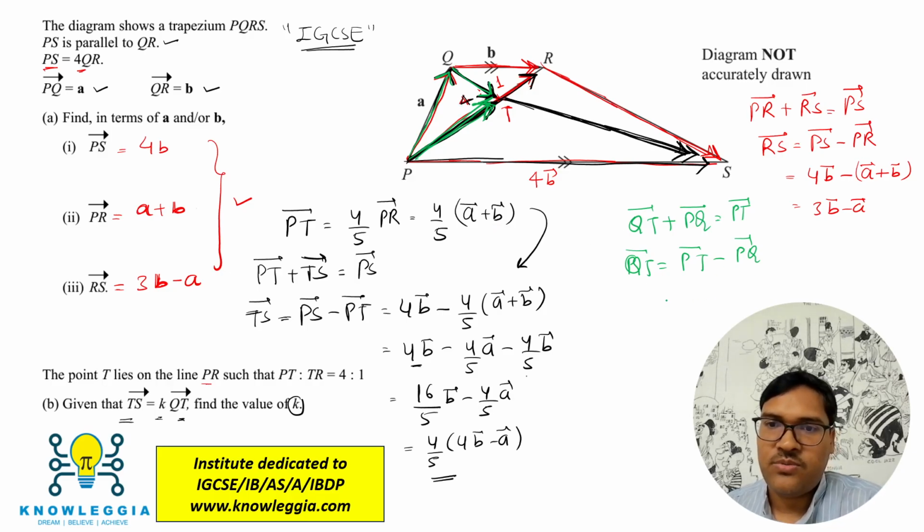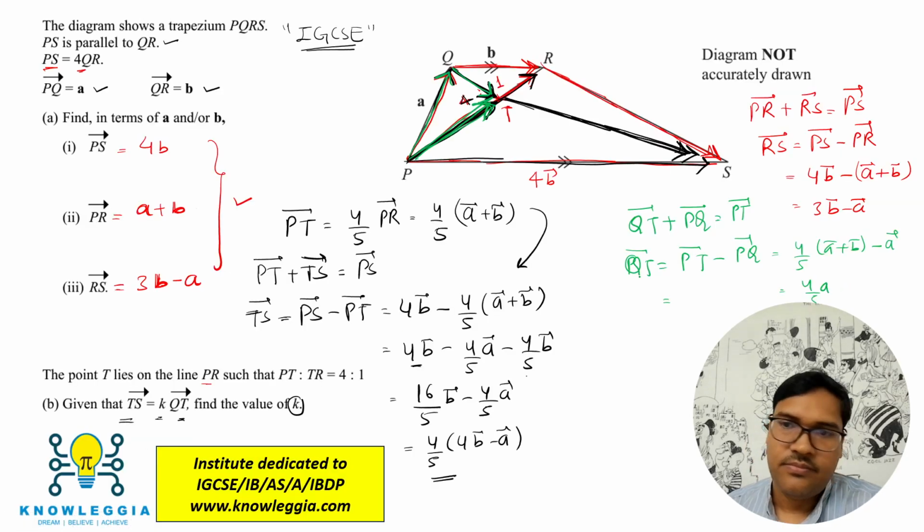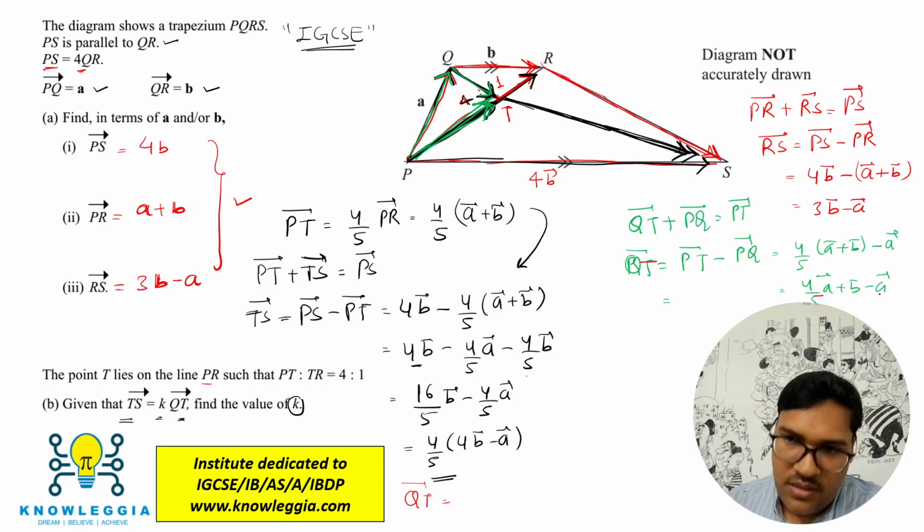This is A. So if I substitute this here, this is 4 by 5 (A plus B) minus A. If you simplify this, you get 4 by 5 A plus 4 by 5 B minus A. Now if you simplify this, we have got QT vector. This is (4 by 5 minus 1) A, plus 4 by 5 B.